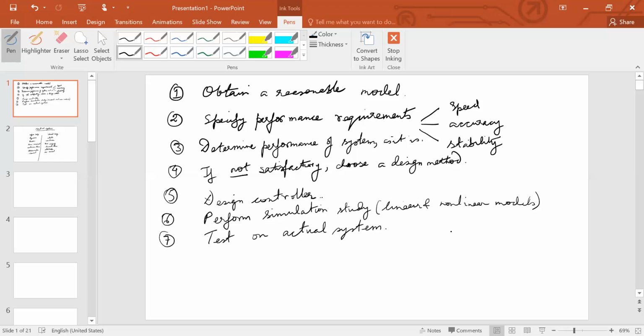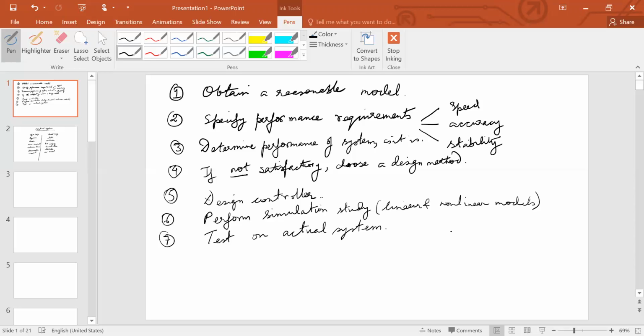Of course, there are very standard tools for dealing with certain types of nonlinear systems, but the main reason is that it makes the problem much more tractable, and for all practical purposes, most real-life systems behave reasonably close to a linear system, and therefore the approximation is good enough for the range of operation. So you obtain a reasonable model, but you don't necessarily obtain such a complicated model as a first step.